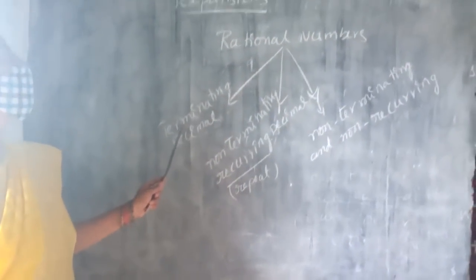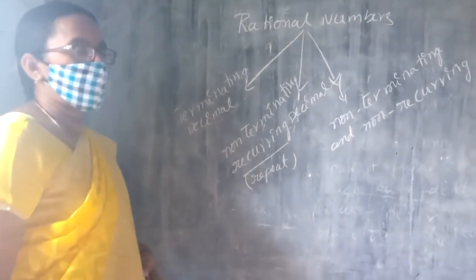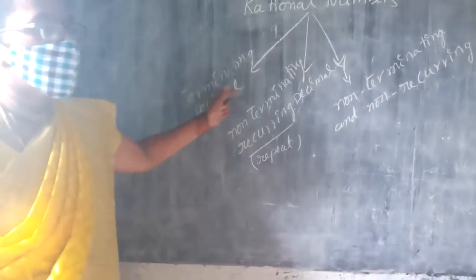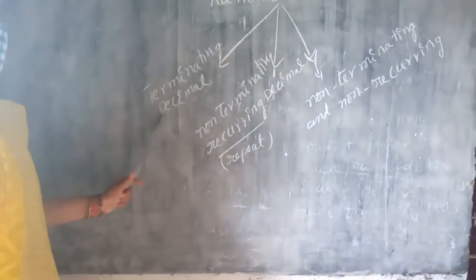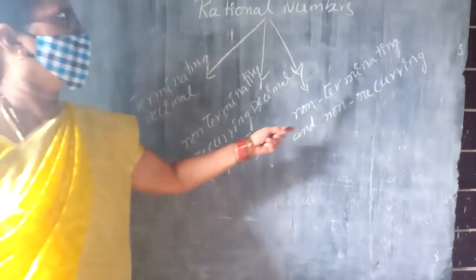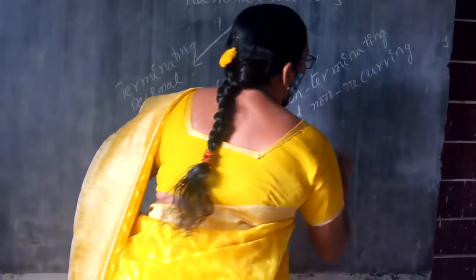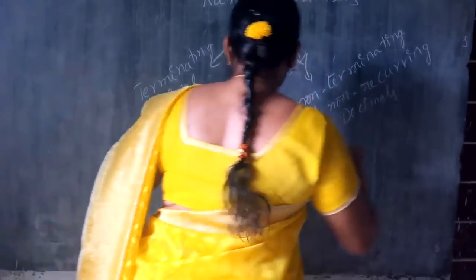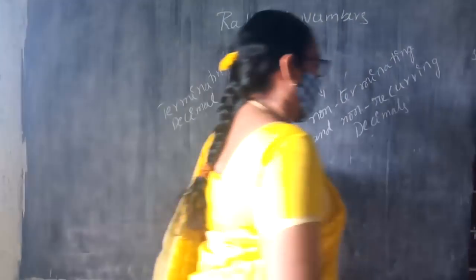Okay? In this way, we have three theorems in our textbook. First, we see the first theorem. All of you note down this picture. Rational numbers, terminating decimals, non-terminating recurring decimals, non-terminating non-recurring decimals.